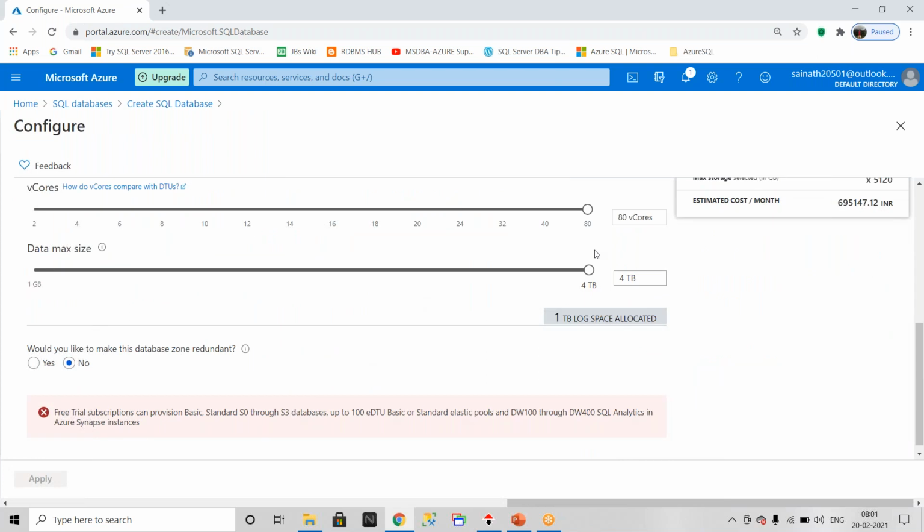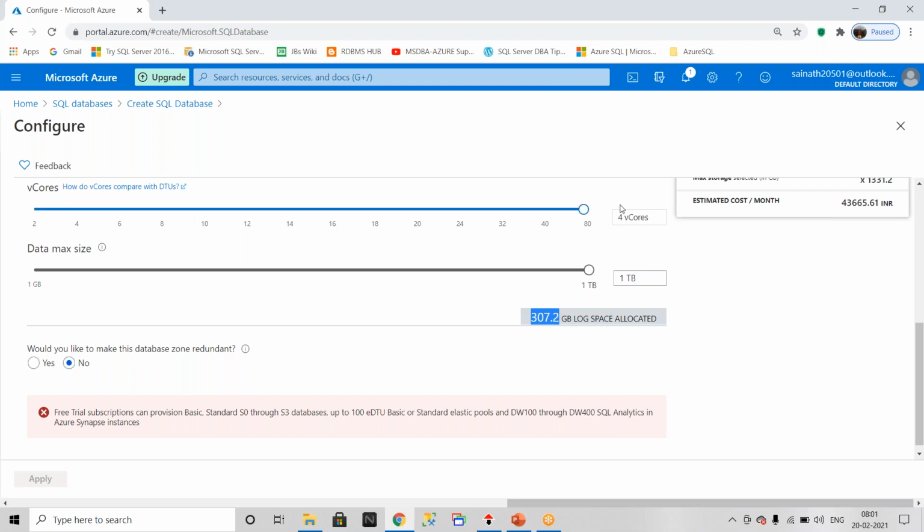Now, based on your core processor and your data file size, Microsoft is deciding 307 GB of log space. Microsoft is allocating it by default. So 307 GB if I go for 1 terabyte.